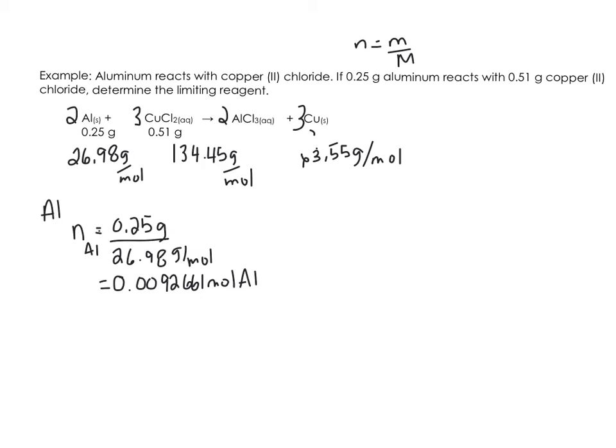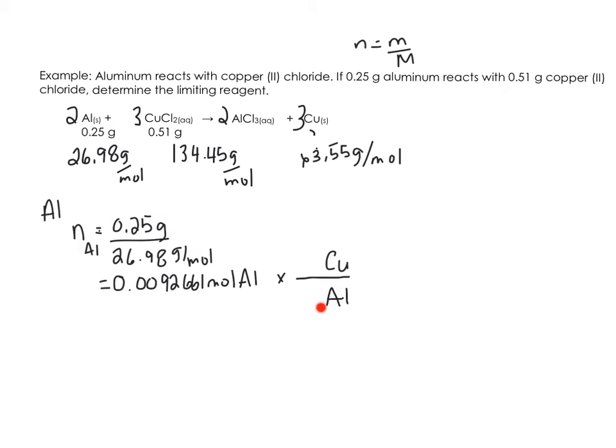Now I have moles of aluminum. I want to convert them to moles of copper. So what you want goes on top. What you want to get rid of goes on the bottom. So aluminum's going to go on the bottom because it will cancel this aluminum.